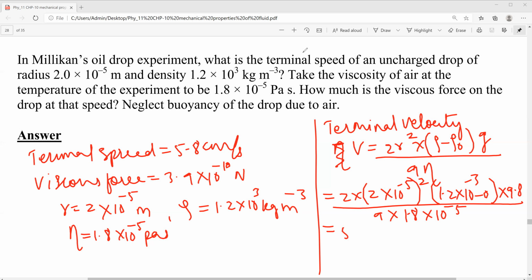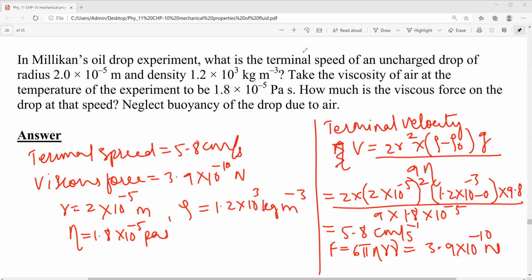After simplification, we got 5.8 centimeter per second. And viscous force is calculated by using the formula F is equal to 6 pi eta r into v. So substitute all those values and we got 3.9 into 10 to the power of minus 10 Newton.